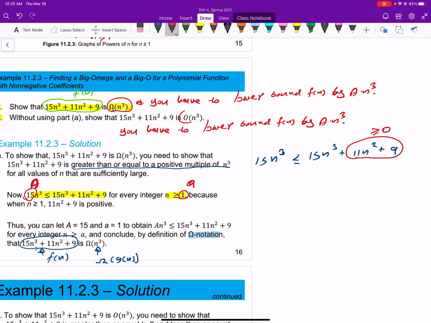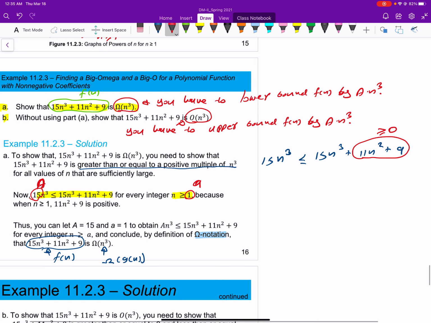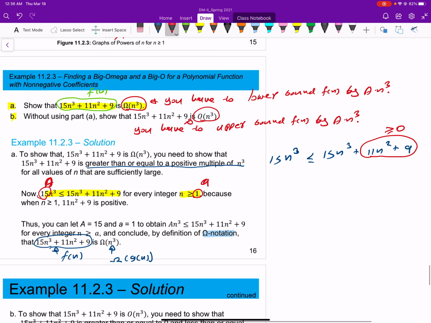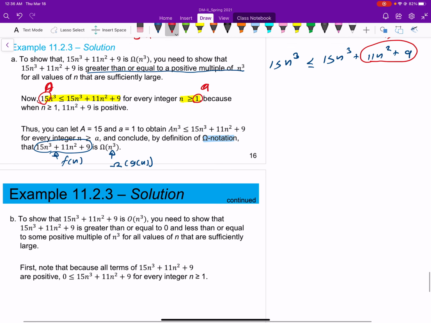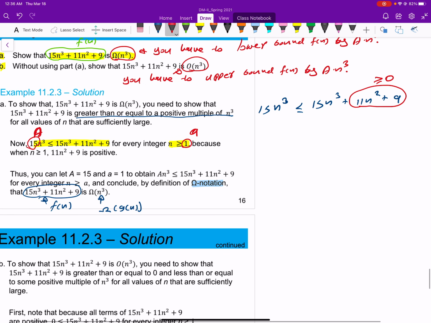Now it is that. Now you have to show it is not a lower bound, it should be an upper bound. Okay, you have to show it is an upper bound. Alright, go down. Now we have to make an upper bound for this function.